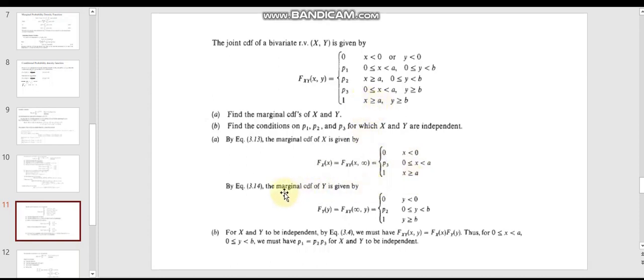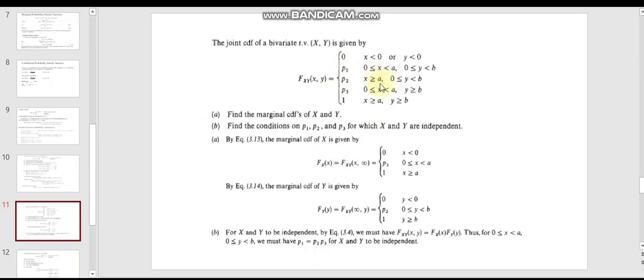So similarly, the marginal CDF of y we can get by incorporating x is infinity.